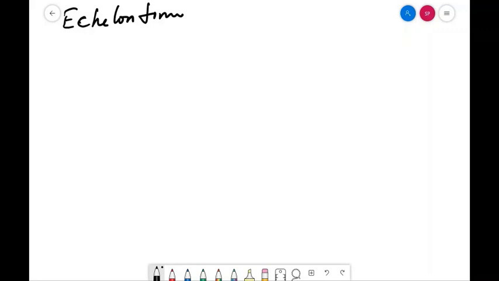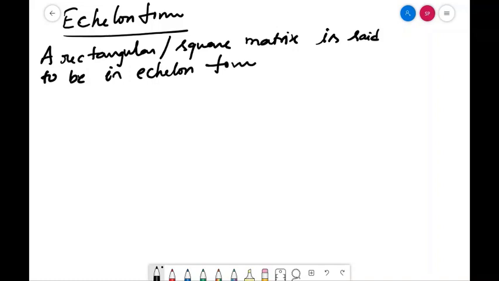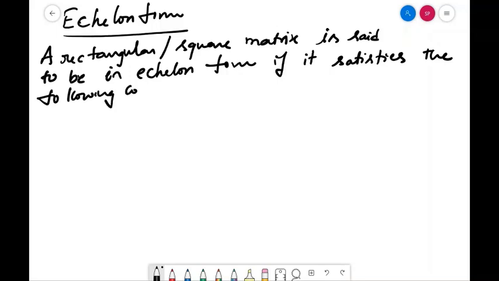A rectangular or a square matrix is said to be in echelon form if it satisfies the following conditions.